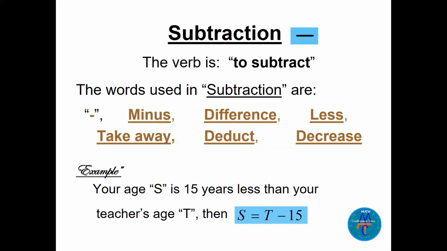Your age is 15 years less than your teacher's age, T. So the is, as I mentioned before, is equal here. So I write S equals 15 years less than your teacher's age. So we cannot say 15 minus T. No, it's 15 less than the age of the teacher. So S equals T minus 15. This is the way we translate.